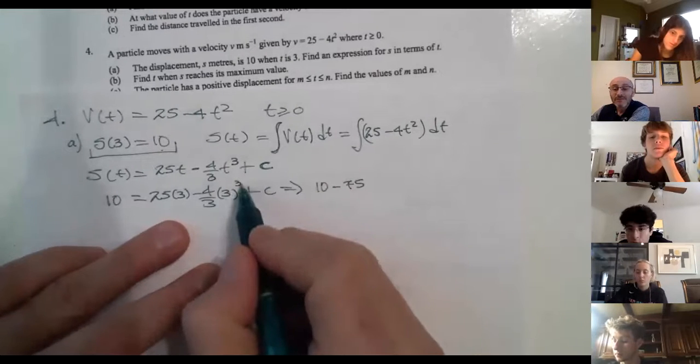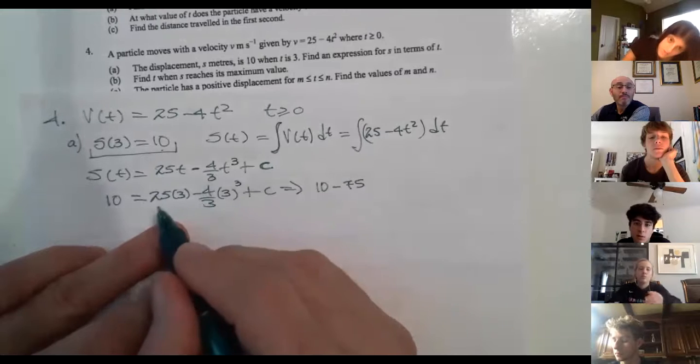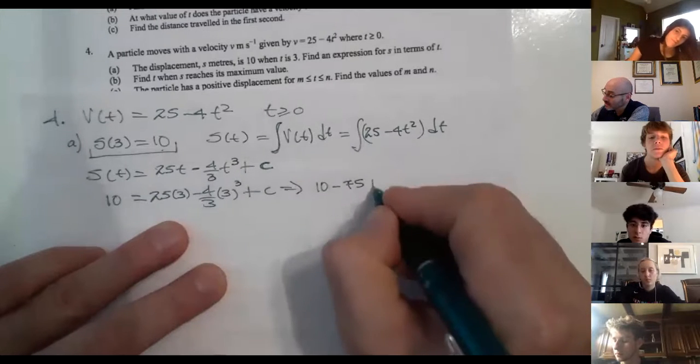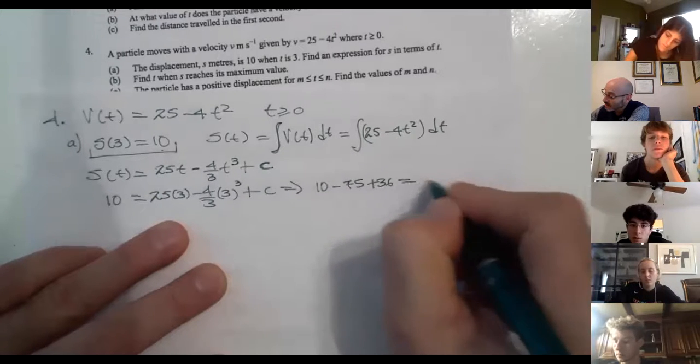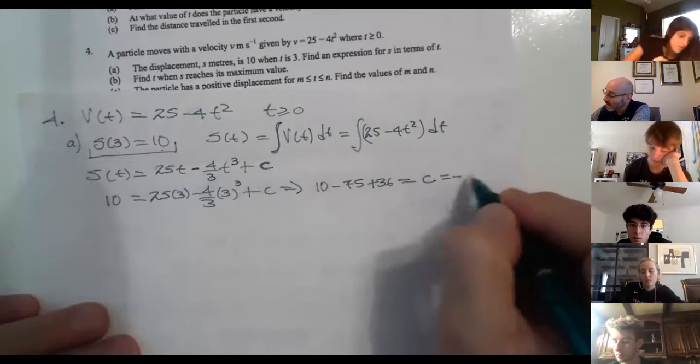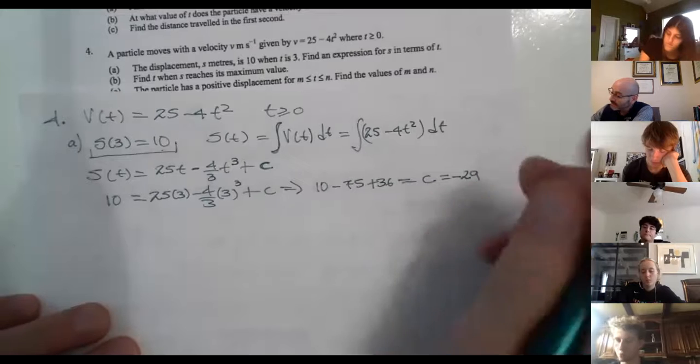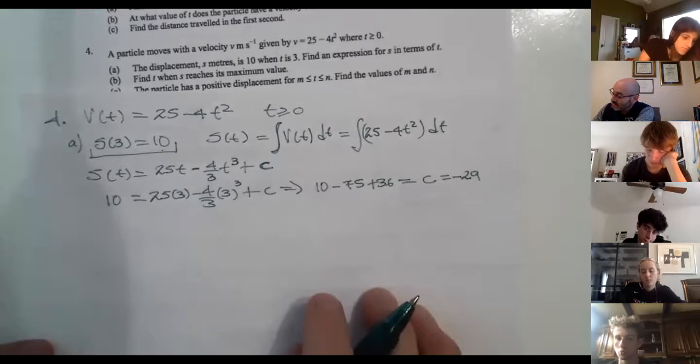This is 27 divided by 9, negative 36 plus 36. Equal to C. So C is negative what? 29. Yeah. Right?